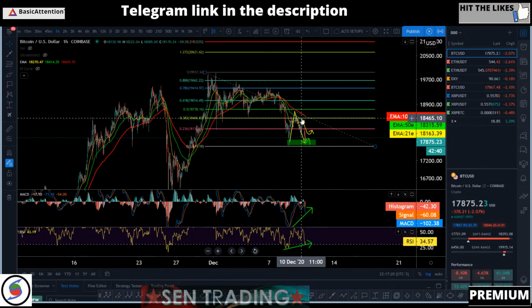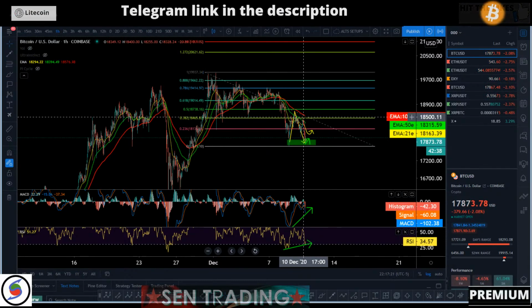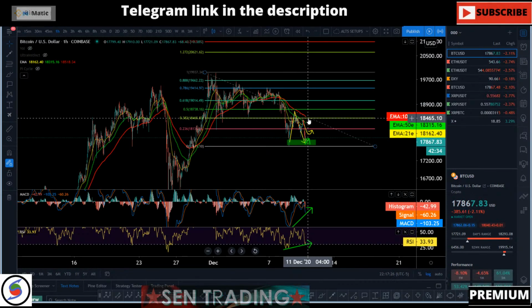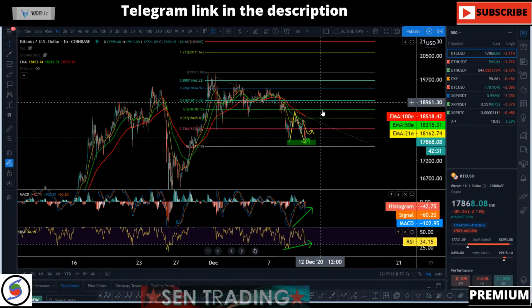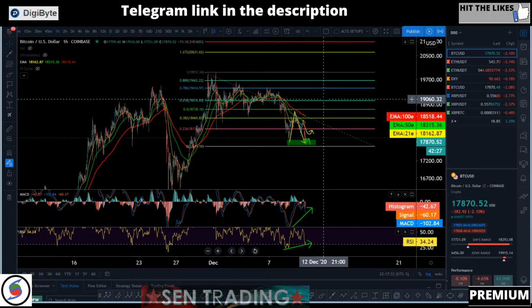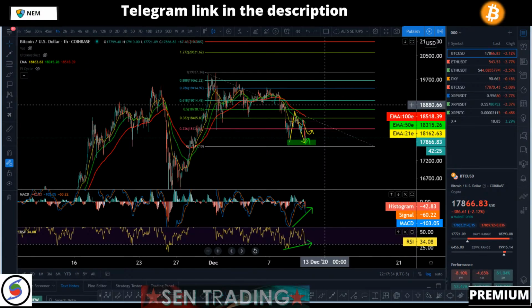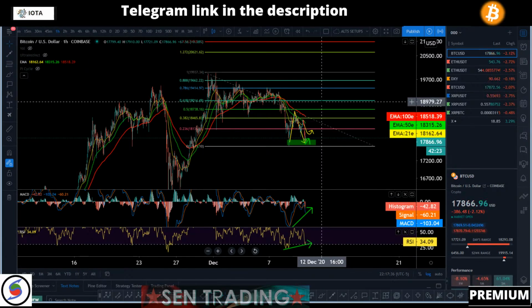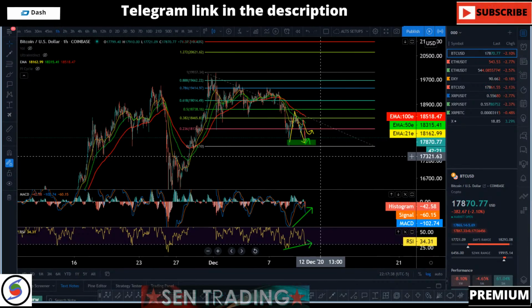The 0.382 is already retested, but let's see if we can break above the 1 hour 100 EMA. The next challenge for the bulls is going to be 50% and 0.618.